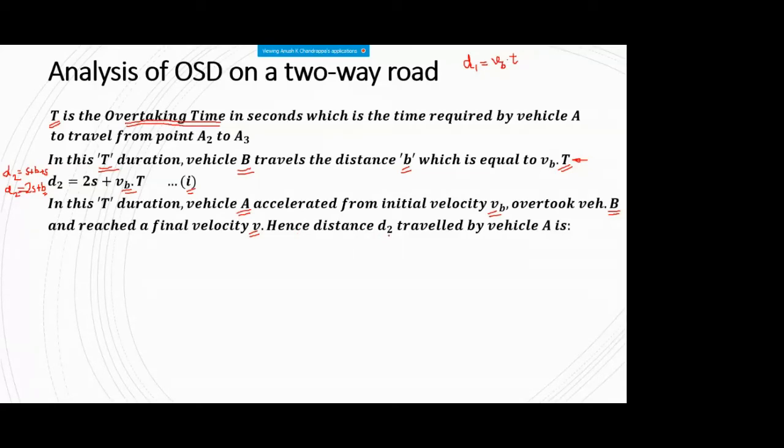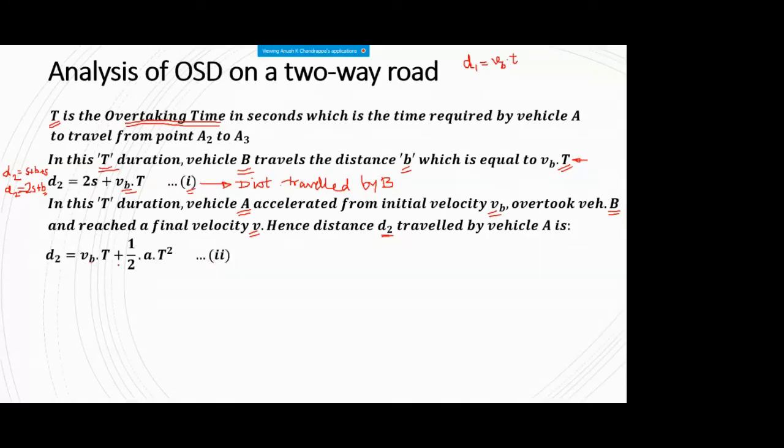So now we are calculating the distance d2 which is traveled by vehicle A. The distance notation is the same, d2, and the time is the same, capital T, but the vehicles are different. That's why the equation for d2 will be different for vehicle A and vehicle B.